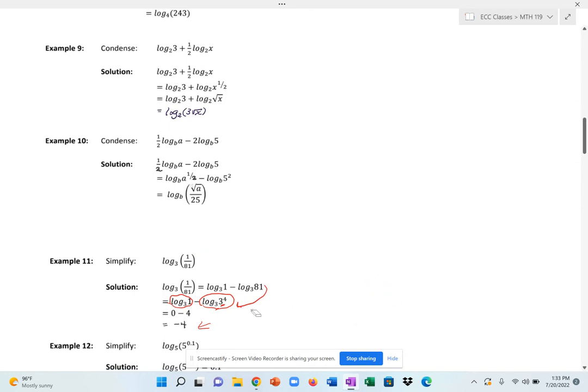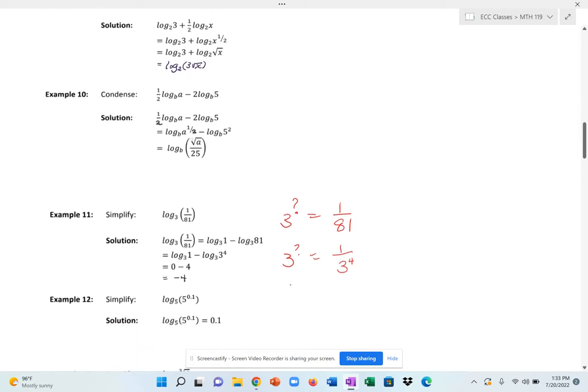This could have also been done in a different way that would give you the same result, using what we talked about in the first section in chapter 4. 3 to what power will give me 1 over 81? Okay, 1 over 81 is 1 over 3 to the 4th.